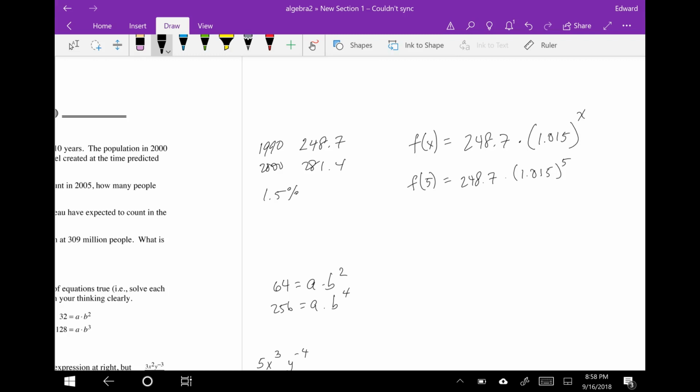So what happened was that f of 10, in 10 years, equals 248.7 times 1.015 to the 10th, right? I'm going to plug that into my calculator right now. 248.7 times 1.015 to the 10th equals, and I get a number, 288.6.